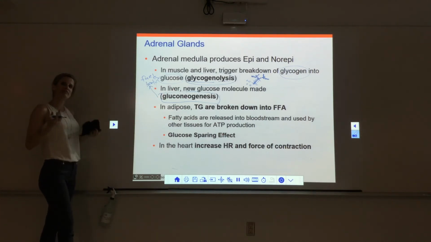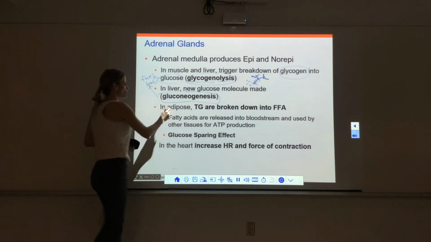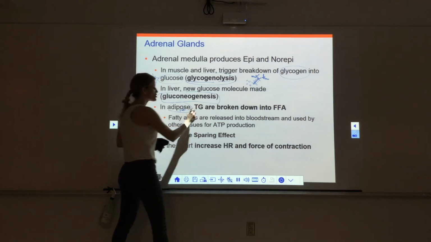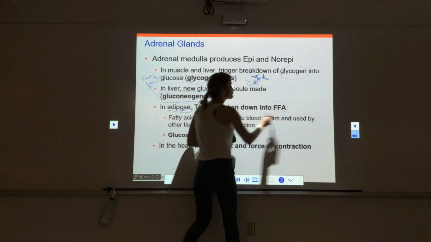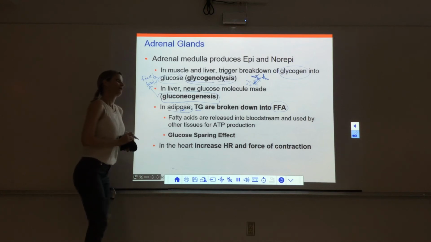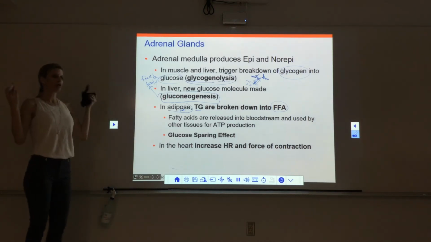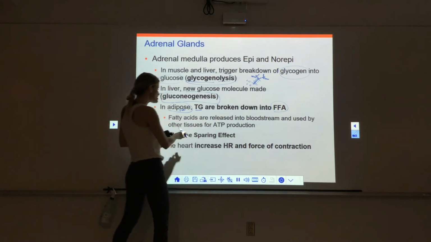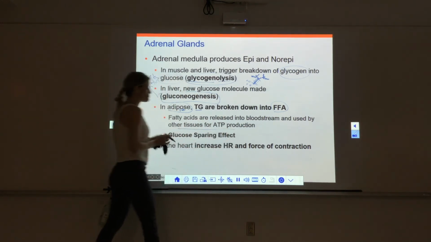The other easy fuel that we have, remember, are fats, are fatty acids. So in the adipose, which we said is what? Fat, triglycerides are broken down into free fatty acids. Fatty acids, remember, are fuels. So those fatty acids are released into the bloodstream, and they can be used for ATP production.